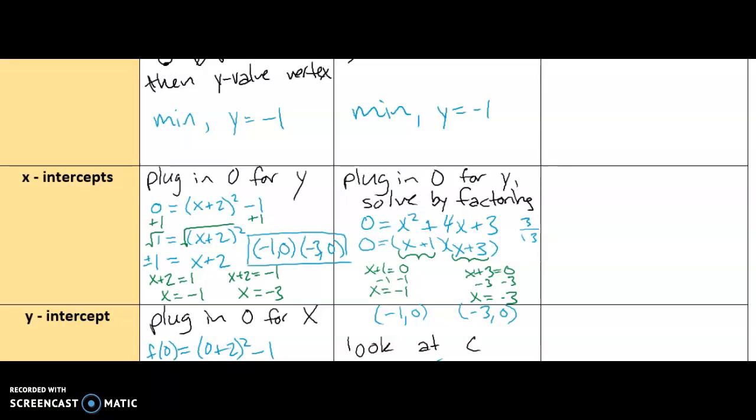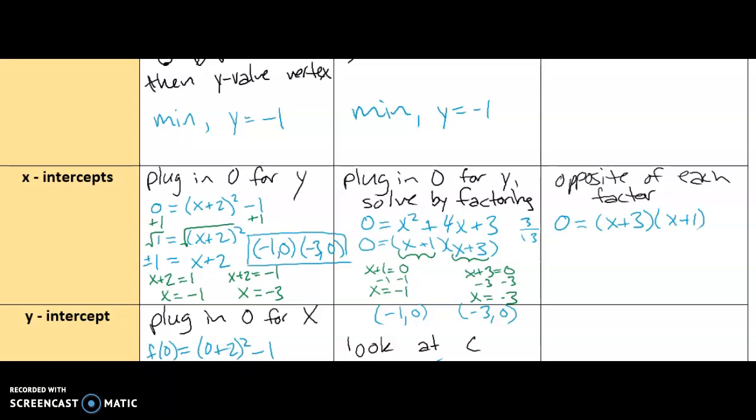So if I want to find my x-intercepts in factored form, what's a really cool trick is we actually just have the opposite of each factor. Okay, and I'll show you what I mean by that. So again, it's the idea that we're plugging in 0 for our y, so we would have this equation here.